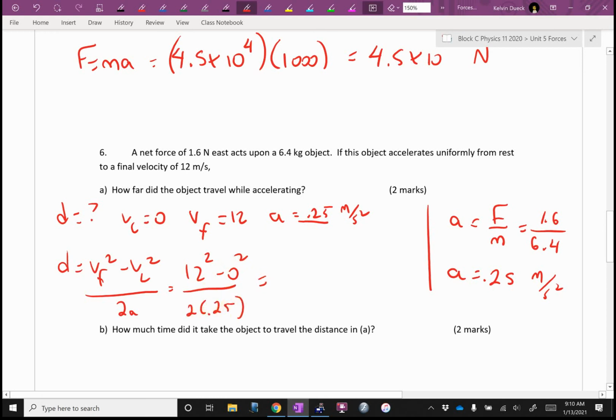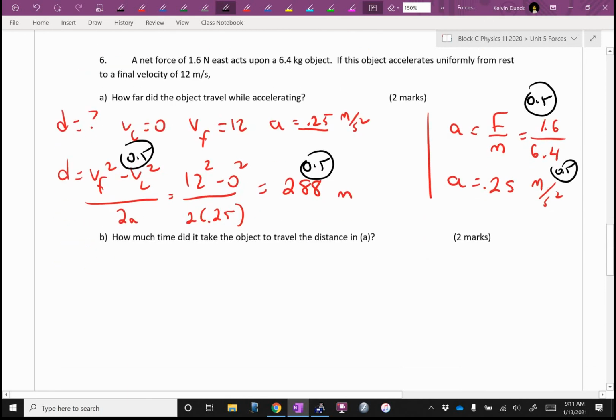I can do that in my head too, because it's 144 divided by 2, which is 72, but dividing by 0.25 is the same as timesing by 4, so it's 72 times 4, 288 meters. If you got that, 2 out of 2, otherwise I would probably go half mark for finding A, and a half mark for the answer.